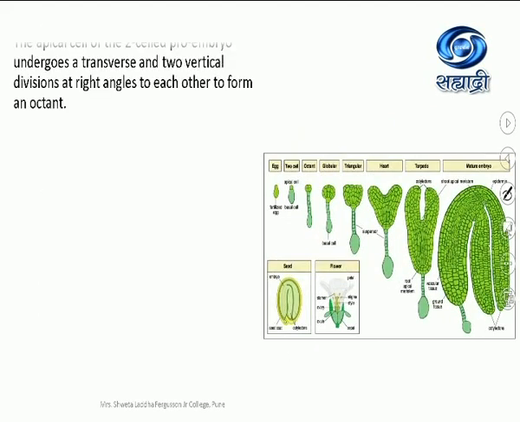Now, the apical cell of the two-celled proembryo undergoes a transverse and two vertical divisions at right angles to form the octant. So here it is explained how the two-celled stage becomes an octant. Two vertical divisions at right angles to each other and one horizontal division will form the octant.